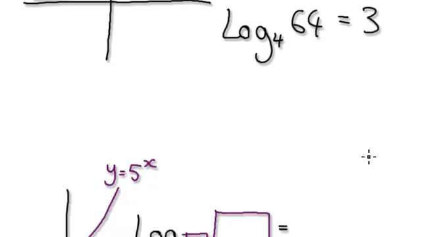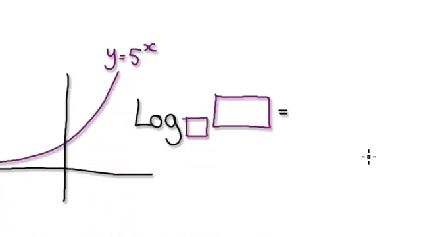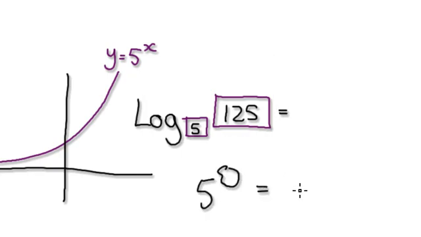Next one here. So now I want to know log base 5, 125 goes here. So when you see this, you should be visualizing 5 to the power of what will give me 125.